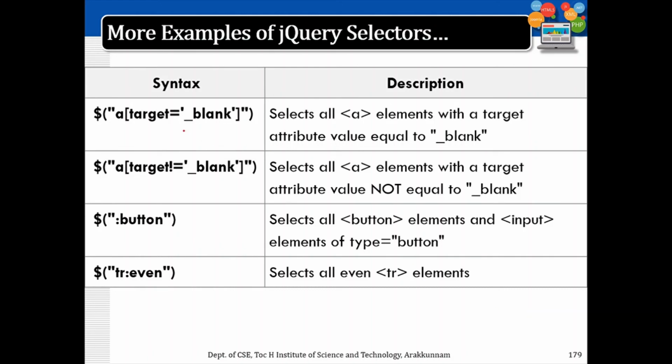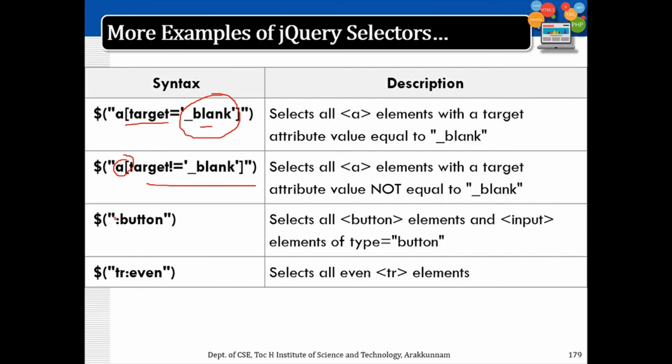a[target="_blank"]. So wherever we have specified target is equal to _blank, those elements are all selected. Then a[target!="_blank"]. _blank, hope you remember why you use this. To open a page in a new window or new tab, we will be using _blank. So a[target!="_blank"] selects all the anchor elements without having a blank page as target.